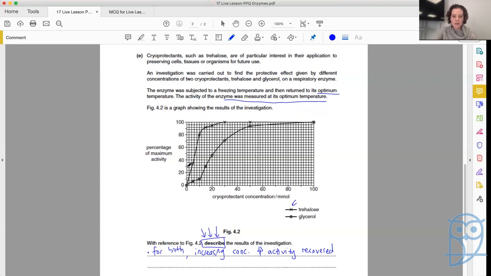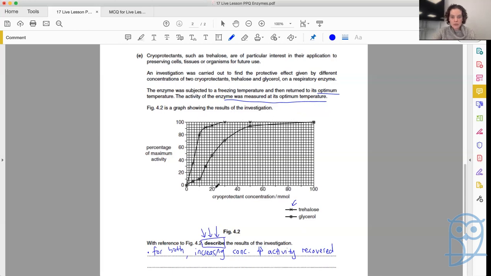Okay, so that's that general going up. Now let's look at the comparisons. So we say trehalose gets all the way up to max, here already. It's got a steeper increase in the first 10 millimoles.